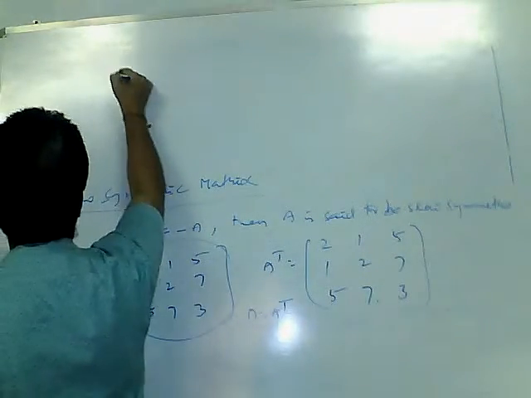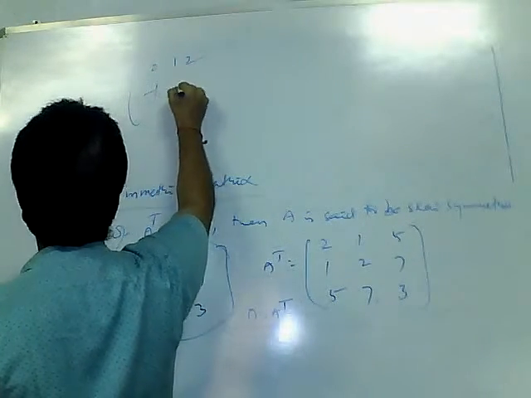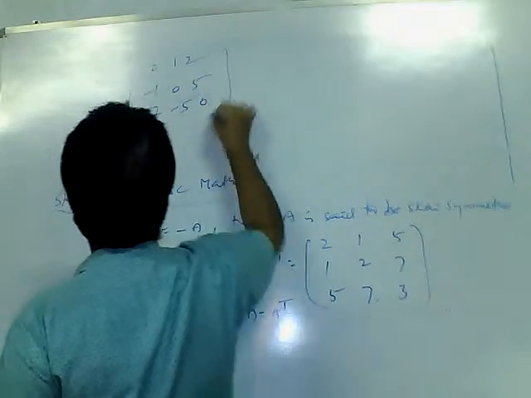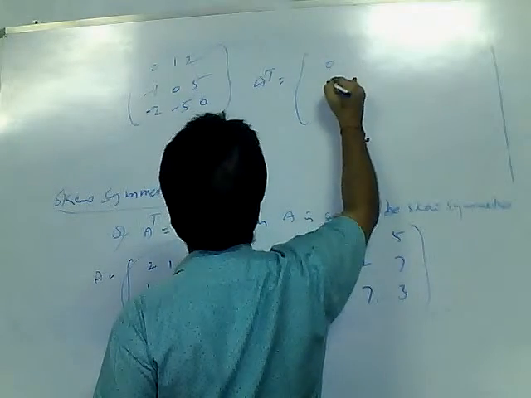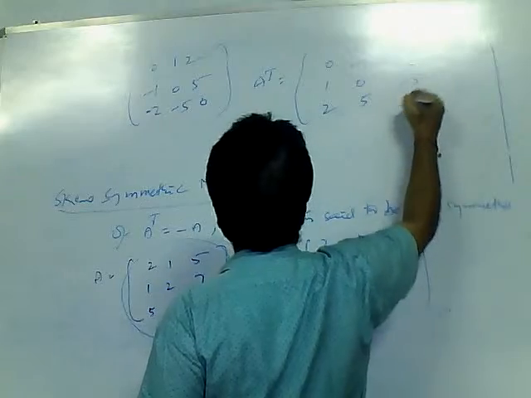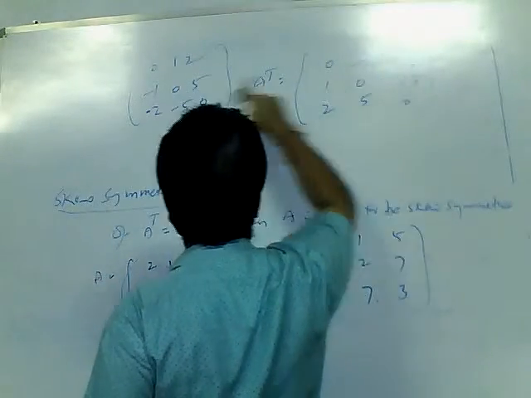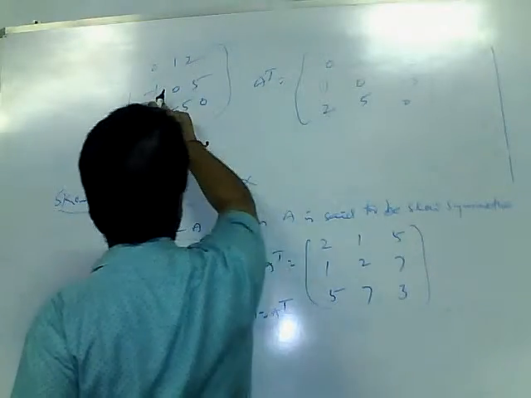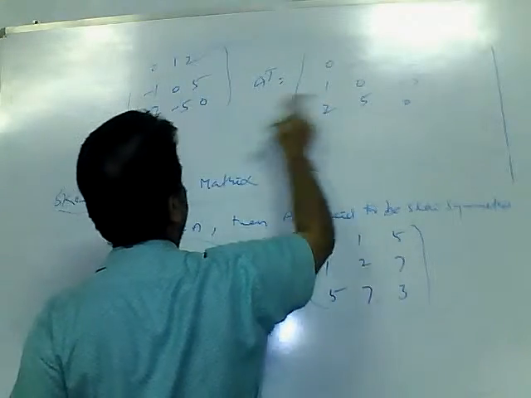A is equal to 0 1 2, minus 1 0 5, minus 2 minus 5 0. Now A transpose you take as 0 minus 1 minus 2, 1 0 minus 5, 2 5 0. Now see here, each element: 0 and minus 0 has no change. 1 becomes minus 1, 2 becomes minus 2, minus 1 becomes 1, 0 becomes 0, 5 becomes minus 5, minus 2 becomes 2, minus 5 becomes 5, and 0 is 0.